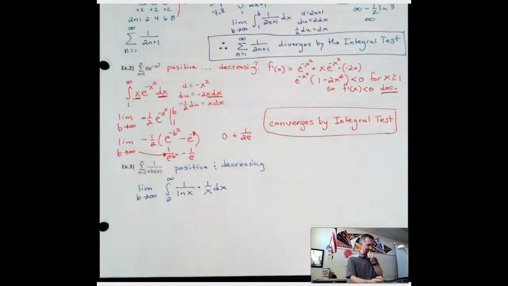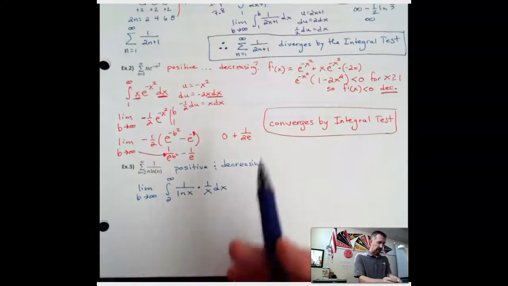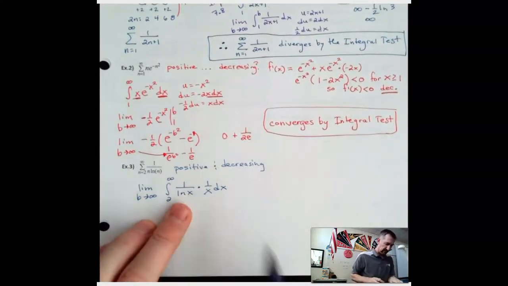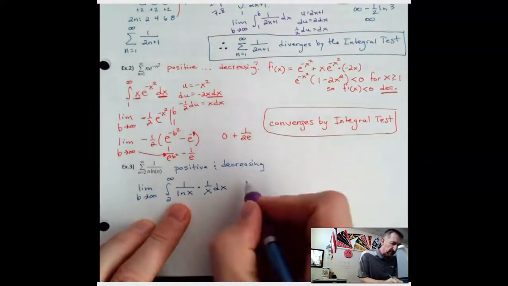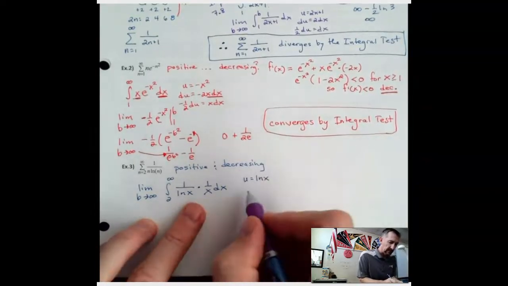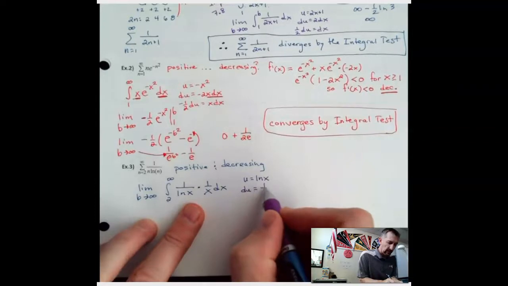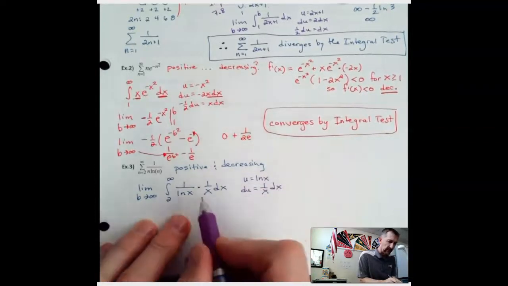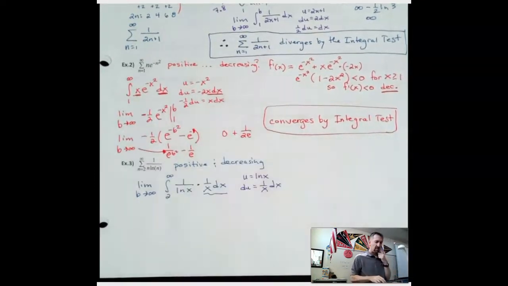This is a nice little move here. If we let u be the natural log of x, then du is 1 over x dx. So that would be that part. So that's nice.